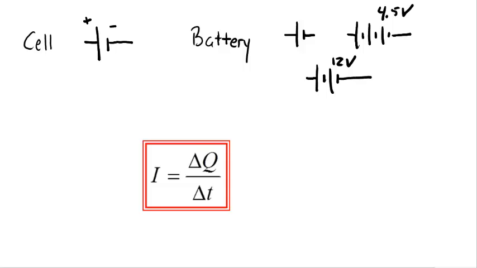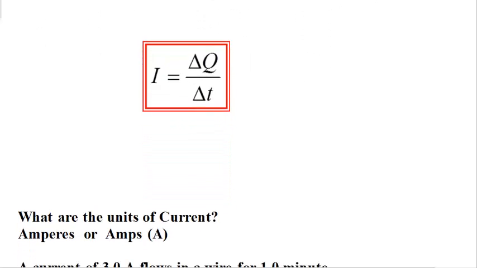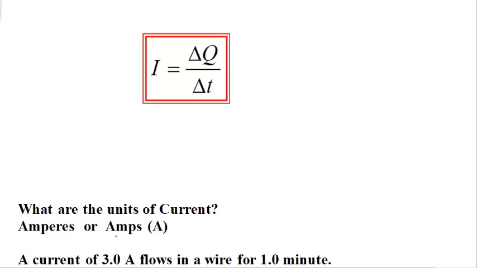The more droplets going by per second, that's a faster current. And so in this case, the more charges going by per second, that will be a greater current. Now the current, we use amps. It's measured in amperes, and the symbol would be something like A for amps. So we would say 5 amps, 5 amperes.